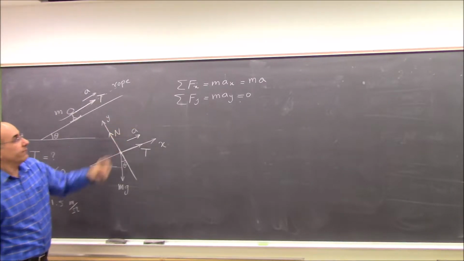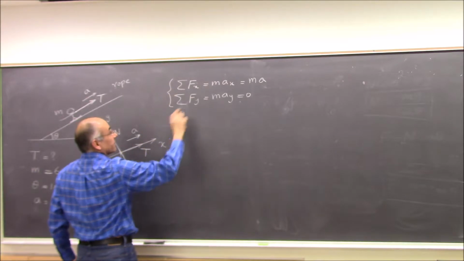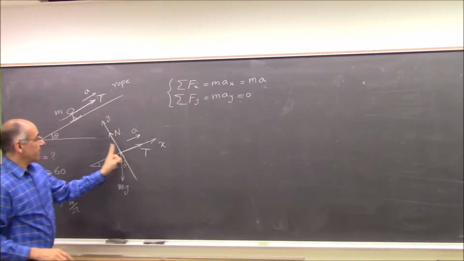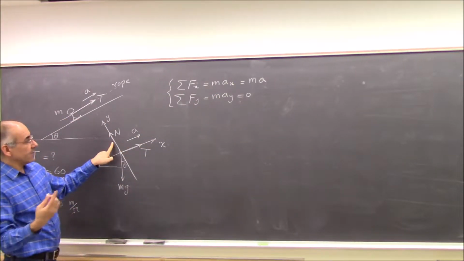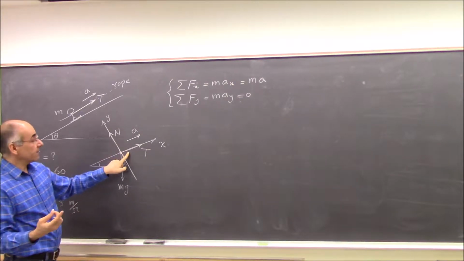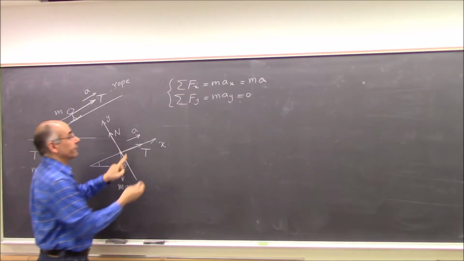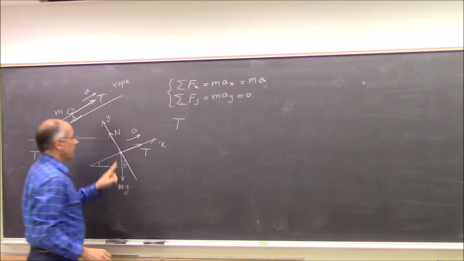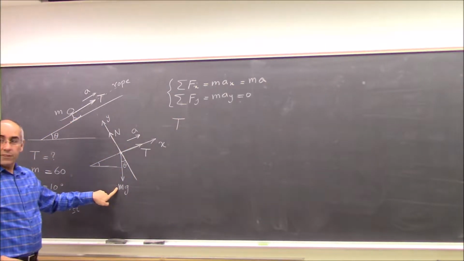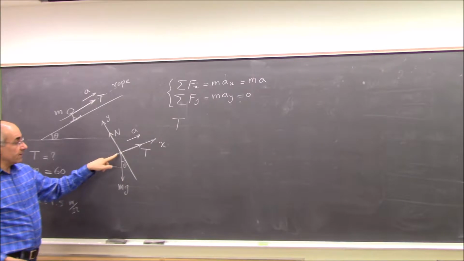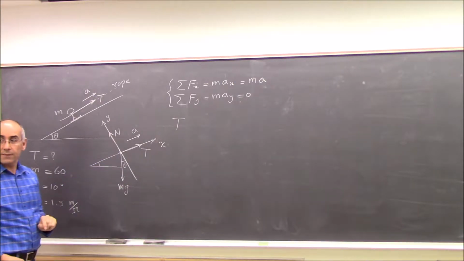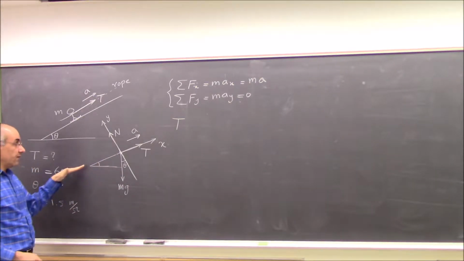So let's write the first one. These are our two equations. The first one becomes all the x components, which is, N doesn't have an x component, right? The x component of T becomes just the magnitude T, right? And the x component of mg comes with a sign because it is not adjacent to theta, and it is in the negative x direction.